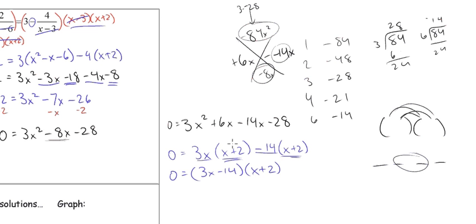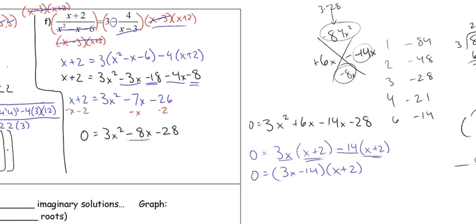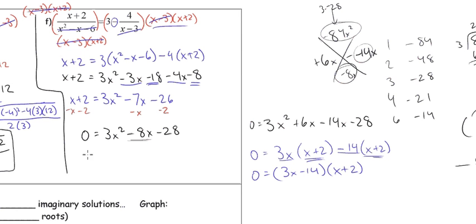Using that, we'll get the solutions of x equals negative 2, and let's see, 3x minus 14 equals 0. Add 14, divided by 3, so 14 thirds.